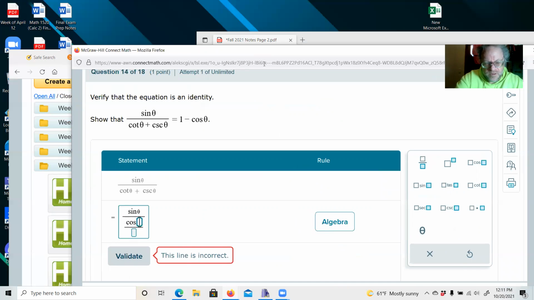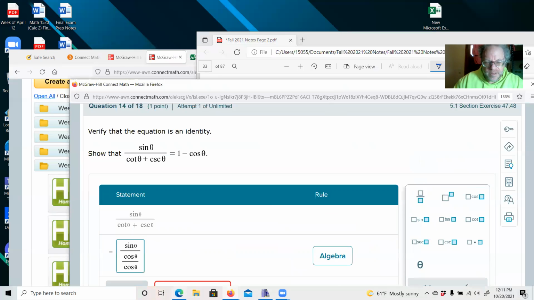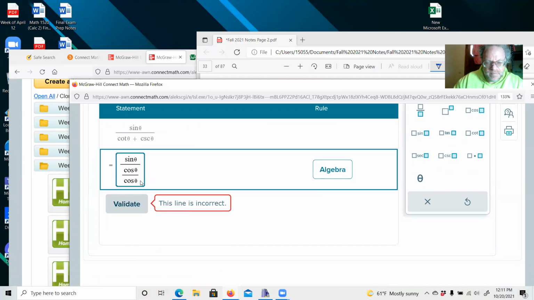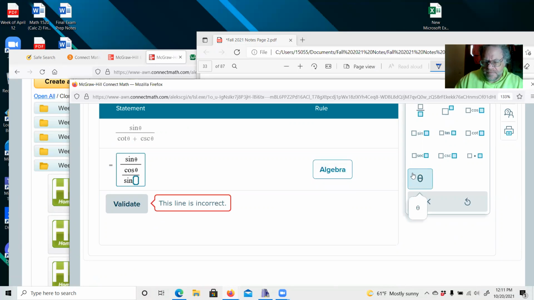So this is going to be cosine theta over sine theta plus 1 over sine theta. Let's see if they'll accept that.